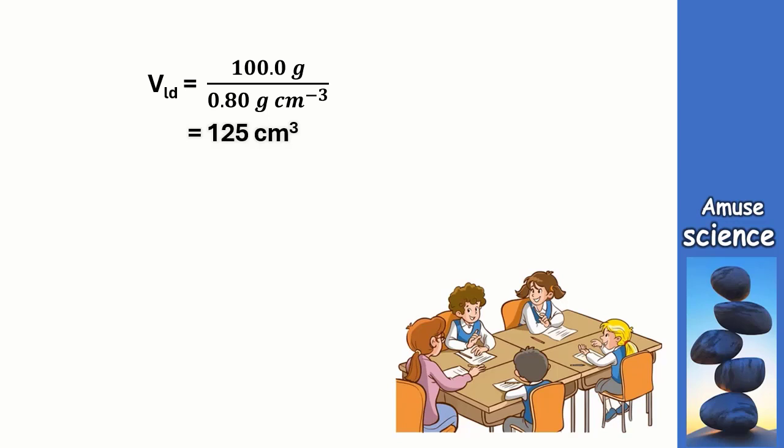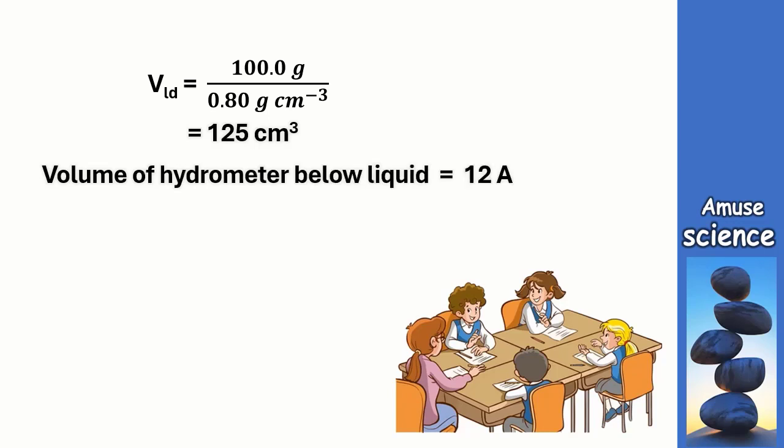Now let's remember that the volume of the hydrometer below the liquid surface is equal to 12A. So now that we know the volume of the hydrometer below the liquid surface as 125 cubic centimeters, let's substitute the figures in.